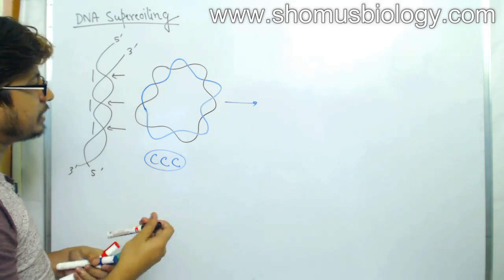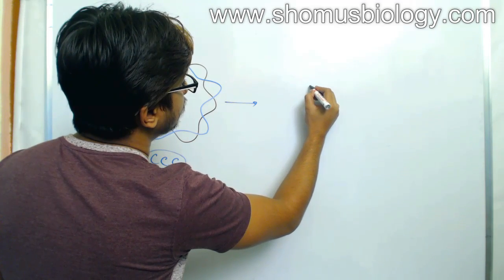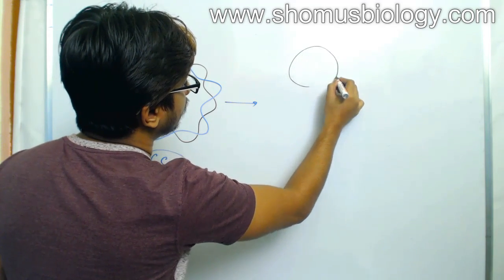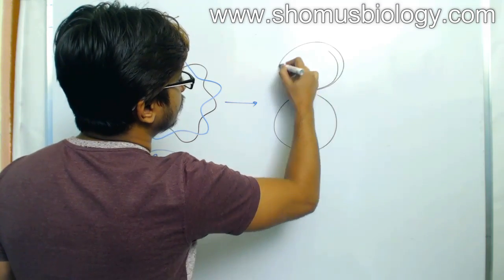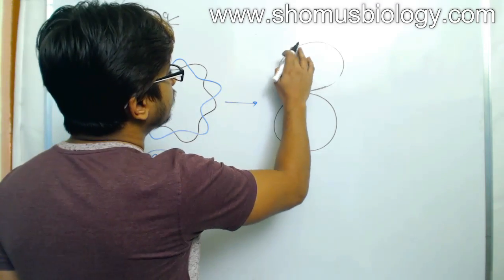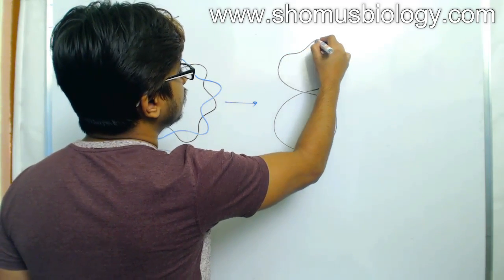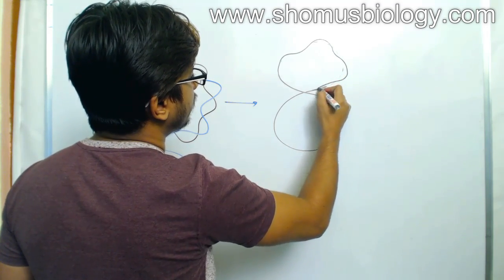Supercoiling means the same DNA, if I draw it something like this. Now let me change the course of how I am drawing it.